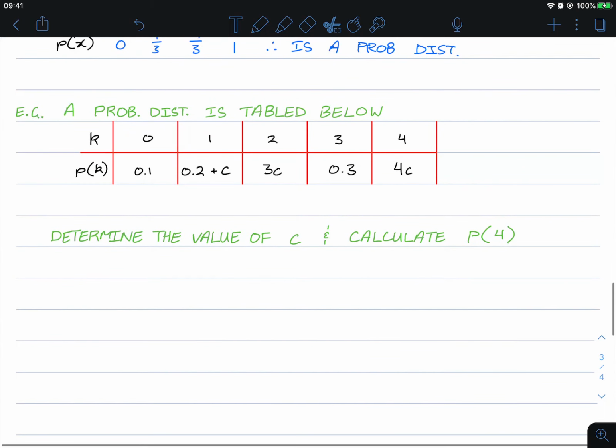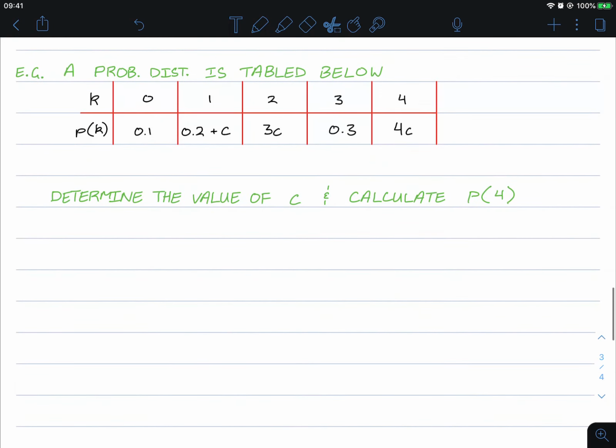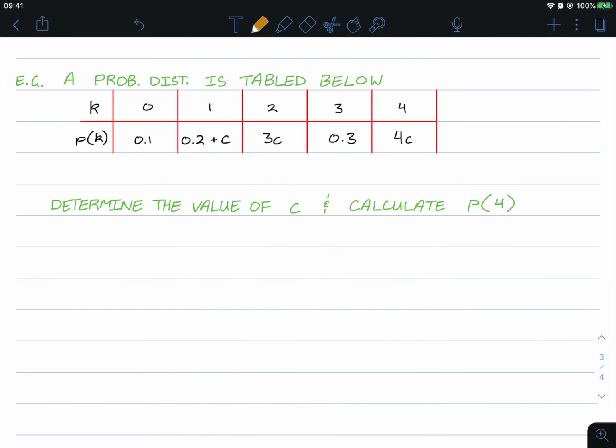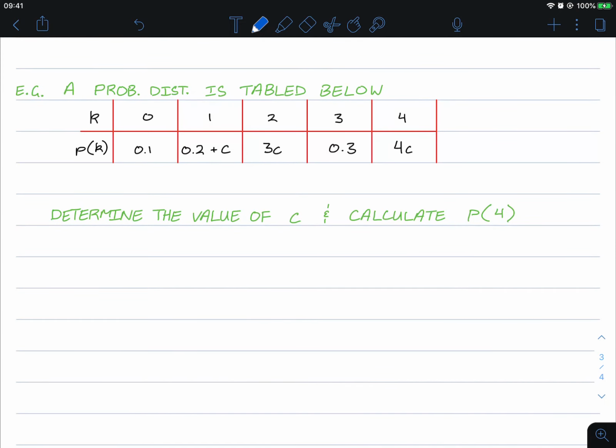Lastly, a probability distribution is tabled below. So we're being told that this here is indeed a probability distribution. Well, because of that, we should be able to calculate what the value of C is and the probability of 4 occurring. Now how we do this is we always recall or use the property of probability distributions that they must add up to 1.